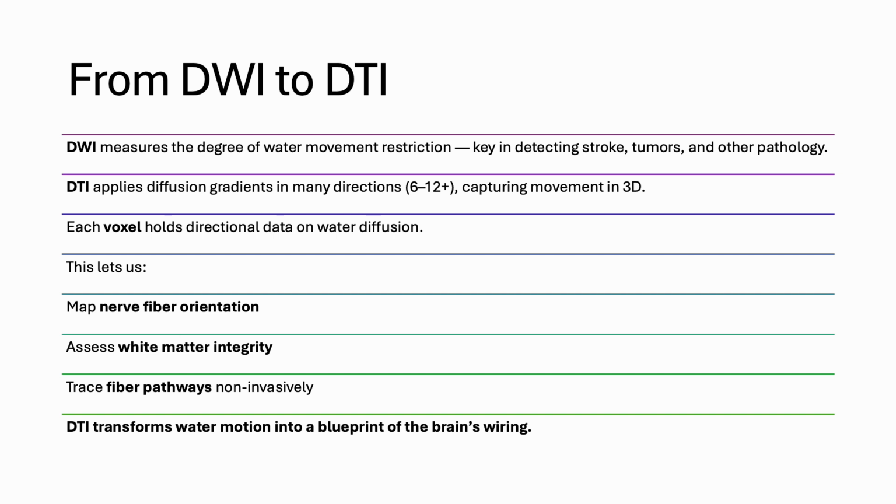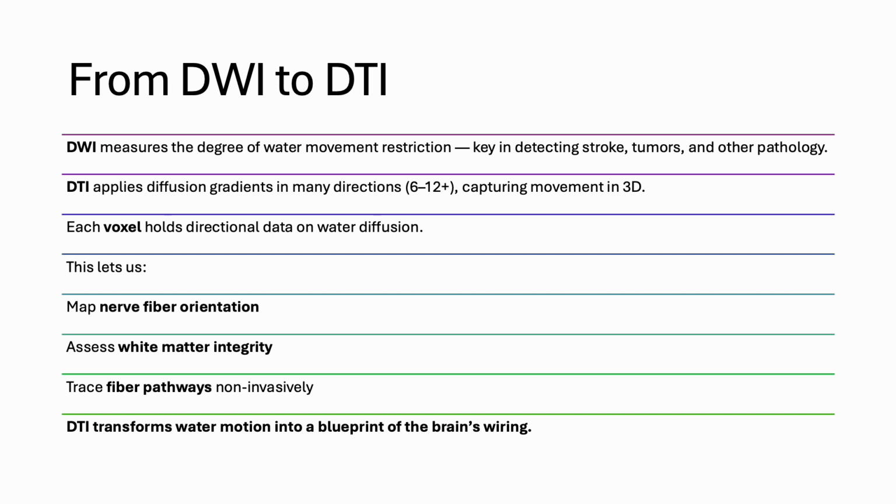We've already seen how DWI can tell us if water movement is restricted, which is extremely valuable in cases like stroke or tumors. But here's the catch. DWI gives us just the magnitude of diffusion, not the full story of its direction. And that's where DTI steps in. Instead of applying gradients in just a couple of directions, we apply them in at least 6 directions.